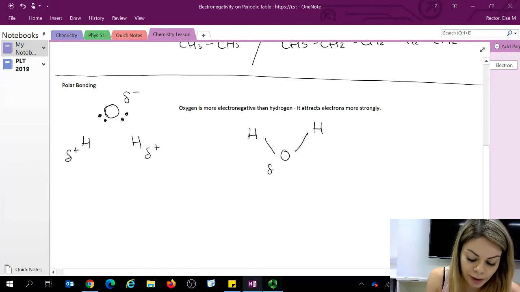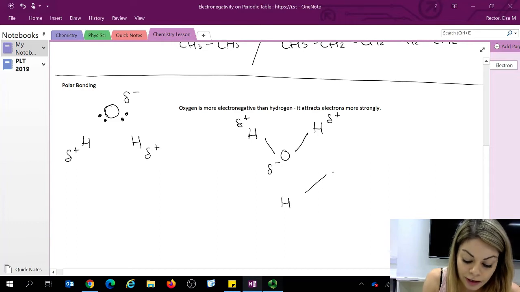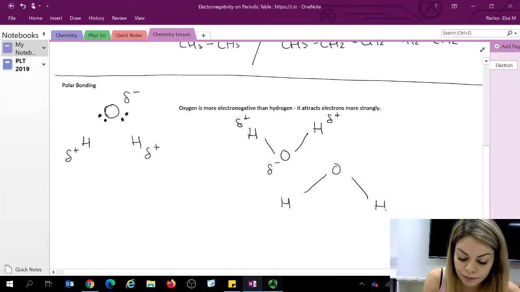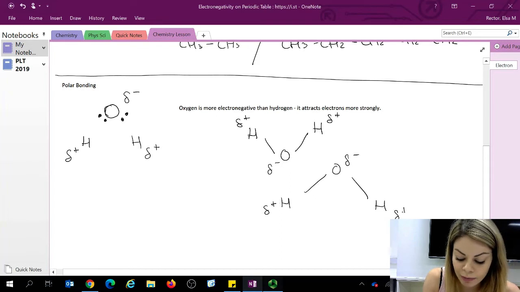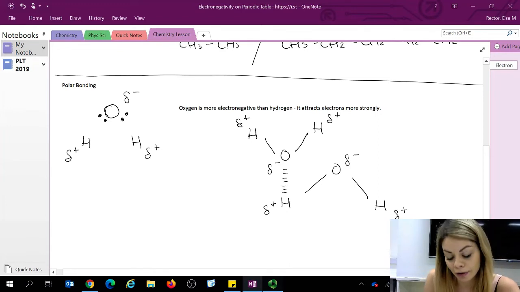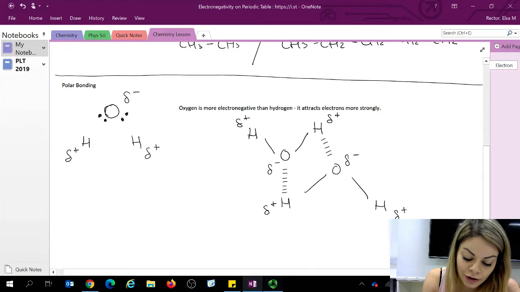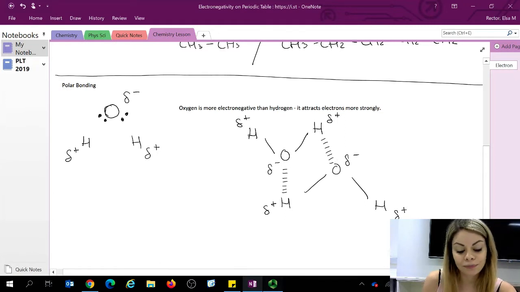Okay, and this is partially negative, this is partially positive, that's also partially positive. And let's say we have another water molecule neighbouring it. Partially negative, partially positive, partially positive. A partial negative charge between oxygen and hydrogen here is going to create a bond. And the same thing is going to occur here.